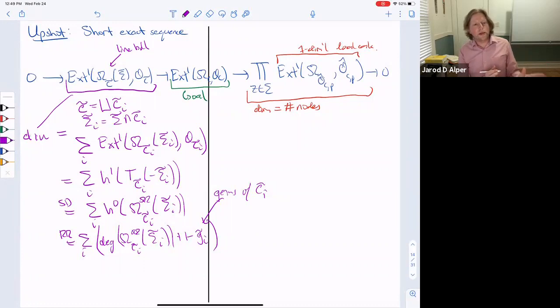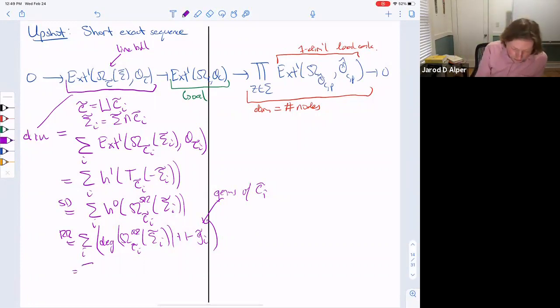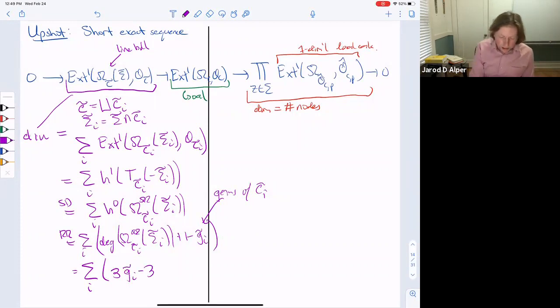I multiply that by 2, so I get 4 copies of G minus 1, but then I'm subtracting a G minus 1. So I'm left with the sum over I of 3 G tilde I minus 3, and then I have the number of points over nodes in C tilde I.